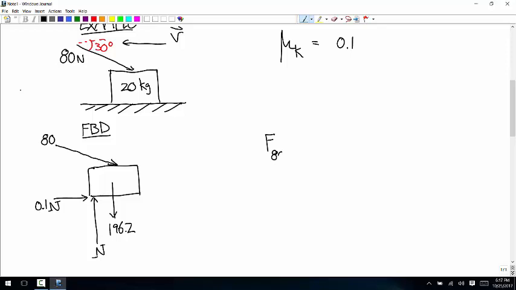I'll call this vector the force of that 80 Newton force. So how do I calculate that in components? Exactly. 80 times cosine of negative 30. Yep, 80 times sine of negative 30.